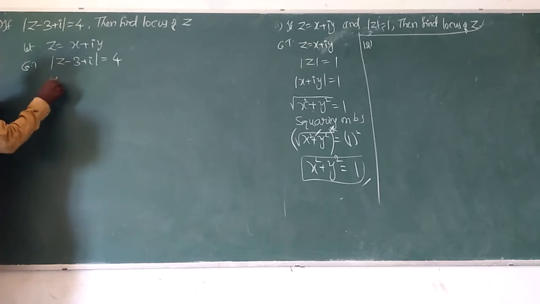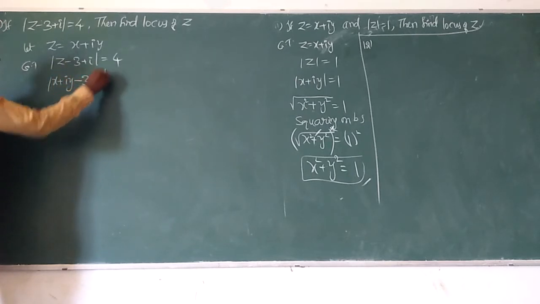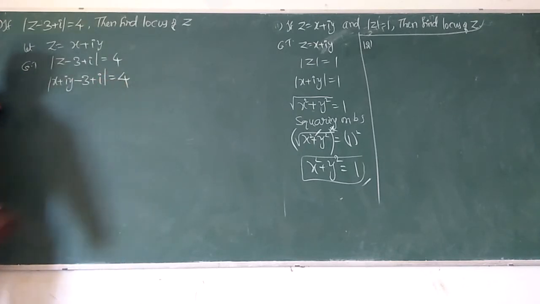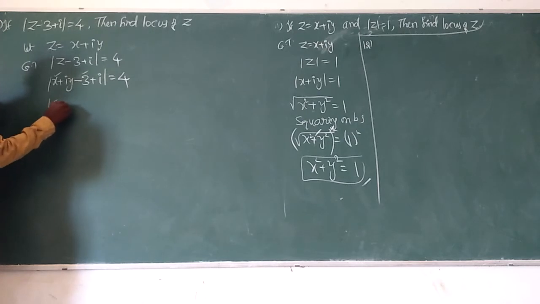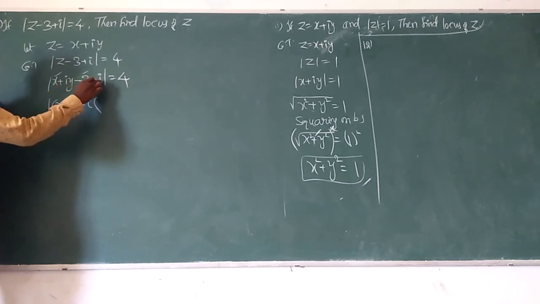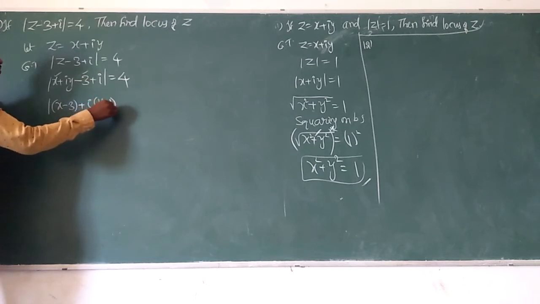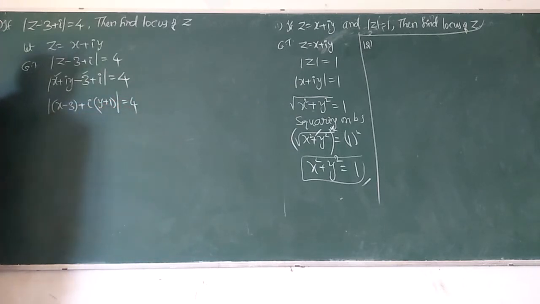Substitute z as x plus iy, minus 3 plus i, equal to 4. Now what are the real parts? x and minus 3, so x minus 3, plus i times the imaginary part, y plus 1, equal to 4.